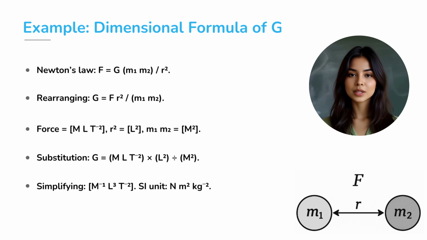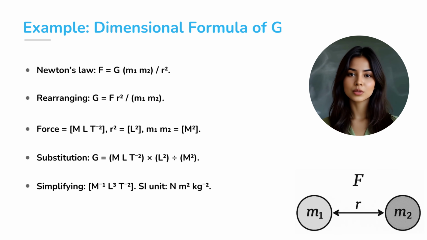Force F has the dimensions mLt to the power minus 2. Distance squared is L squared. Mass squared is m squared. So G equals open bracket mLt to the power minus 2 close bracket multiplied by L squared divided by m squared. Simplifying gives m to the power minus 1 L cubed t to the power minus 2.